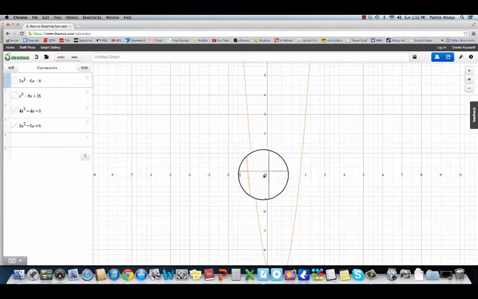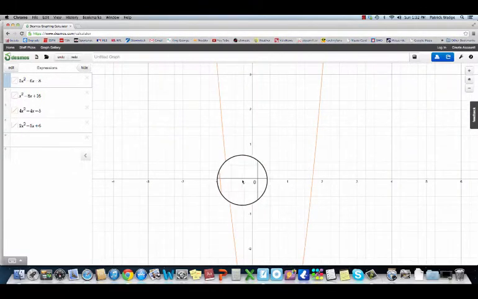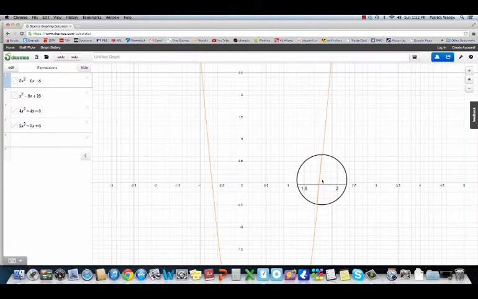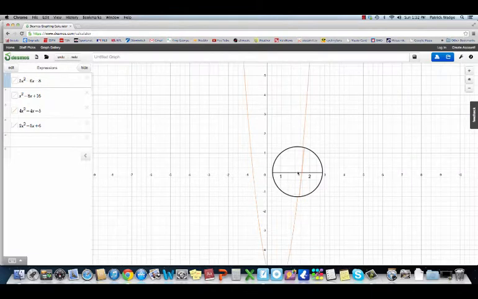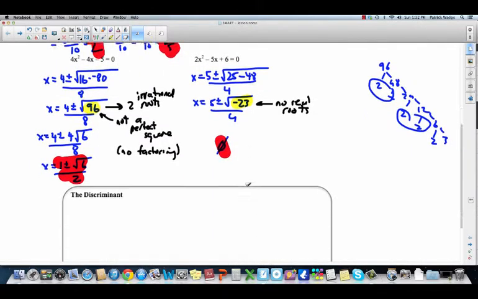And you can see again there's two x-intercepts, but it doesn't go exactly through something. I know it goes through somewhere, but this is not something I want to talk about today, but it's an irrational number. You can't express it as a fraction. Okay, and the last one, 2x squared minus 5x plus 6. Since we got no solutions, you probably aren't surprised, it doesn't have any x-intercepts at all. We talked about that before, so hopefully that makes some sense.